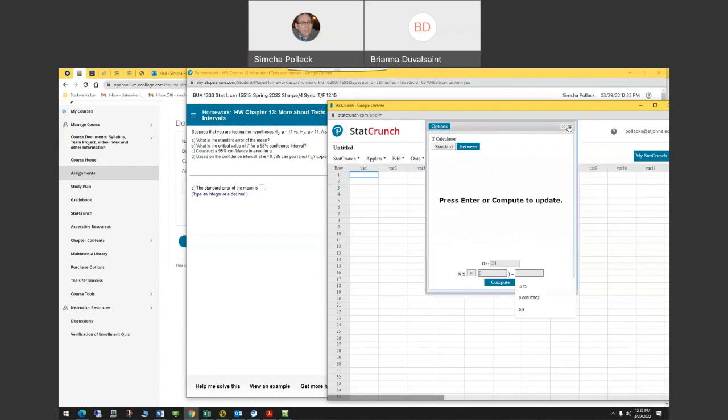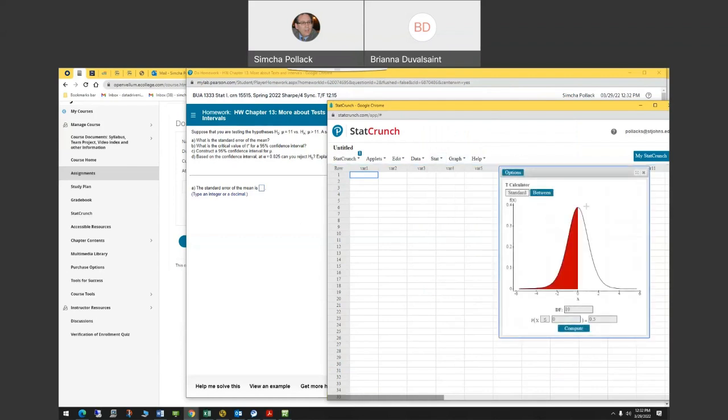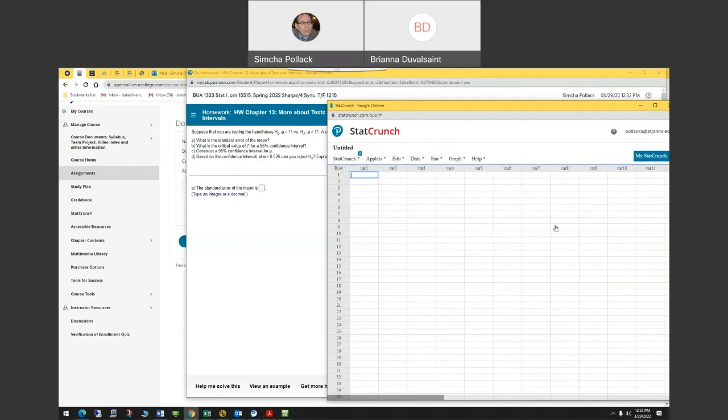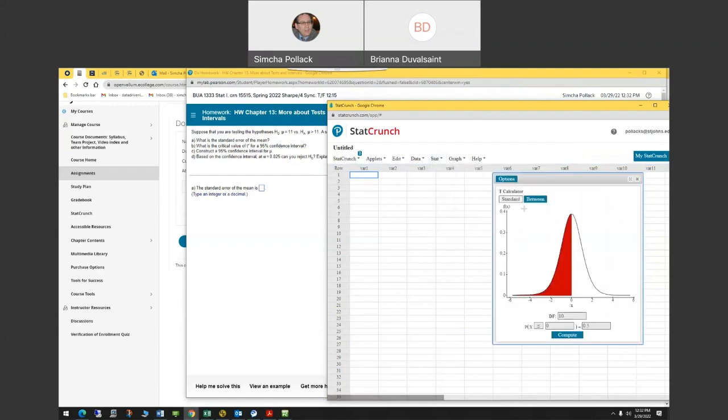Let me try again. Stat, Calculator, T. Okay, there it is. If I move it, I lose the picture. Okay, so we put in 10 degrees of freedom. I'm sorry, it should be 24. I think you have to put in another value, and then it'll pop up. I just want you to see the picture.